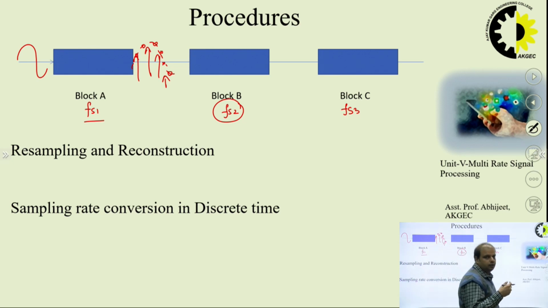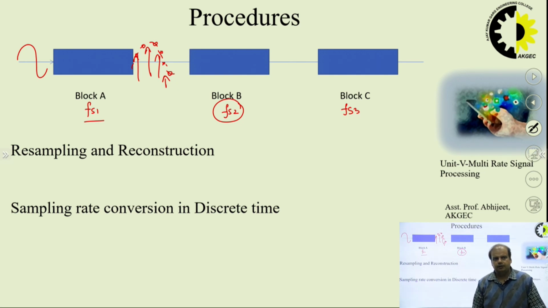So, we resample it and reconstruct it. Basically, the reconstruction is taking place first, and then the sampling part. So, that is possible. That is what we will see firstly, because in theory that is the basic concept.